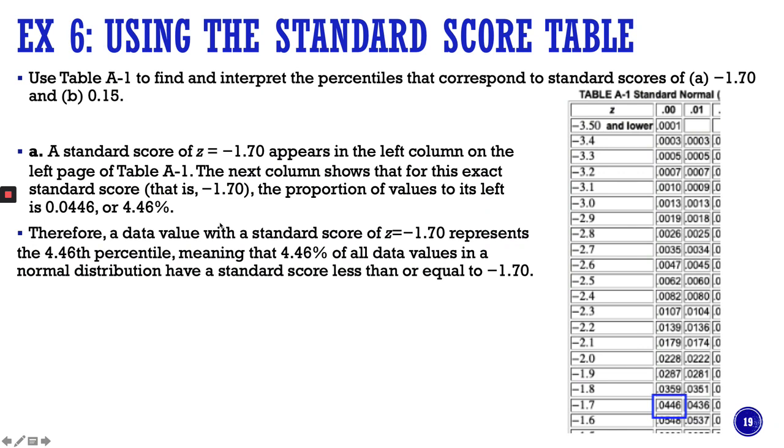Therefore, a data value with a standard score of z equals -1.70 represents the 4.46th percentile, meaning that 4.46% of all data values in a normal distribution have a standard score less than or equal to that. So that means that any values below it are in that 4.46% of all the data values.